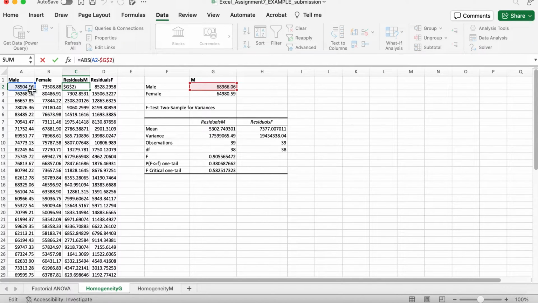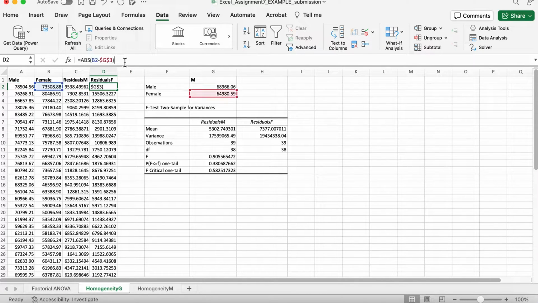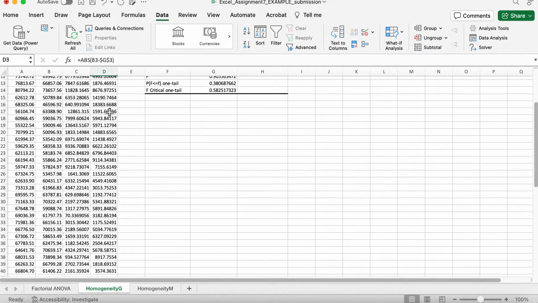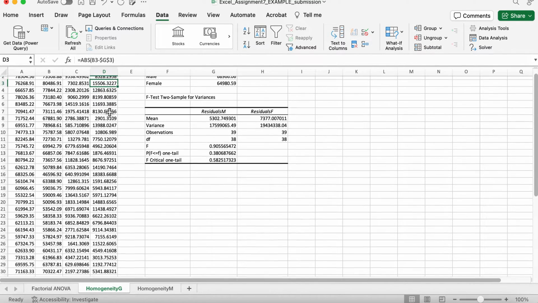Otherwise it would constantly be using different numbers here, and I didn't want it to change numbers here. Same thing for females, except female minus female mean, and then absolute value of that. Again, drag that down so it fills up all of the rows.